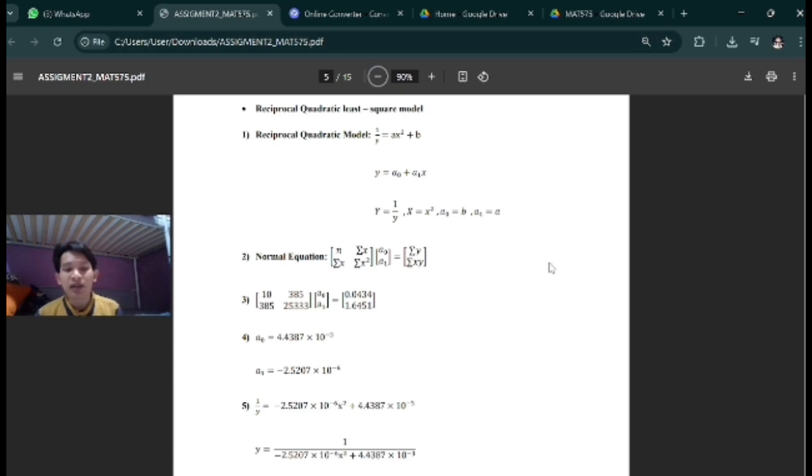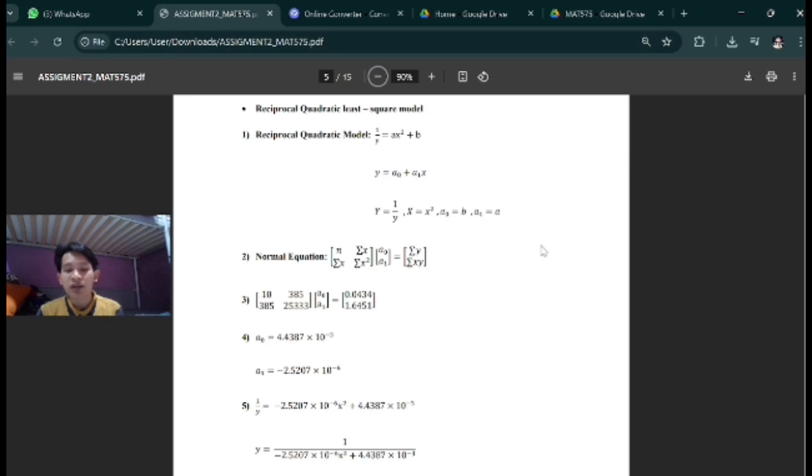So we put a0 and a1 into the equation for 1/y. So 1/y = -2.5207 x 10^-6 x squared + 4.4387 x 10^-3.